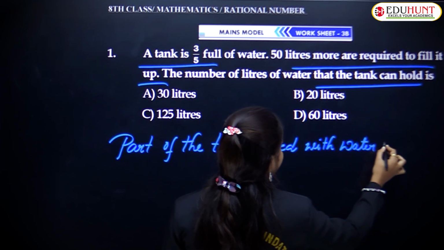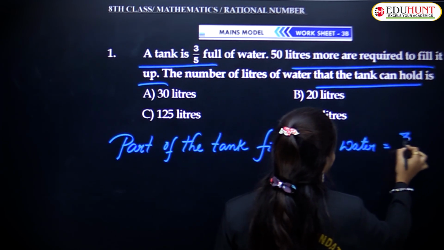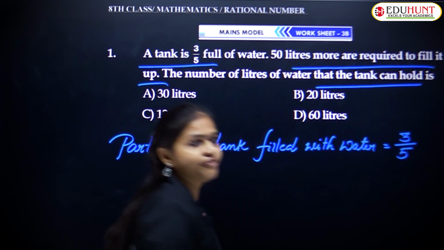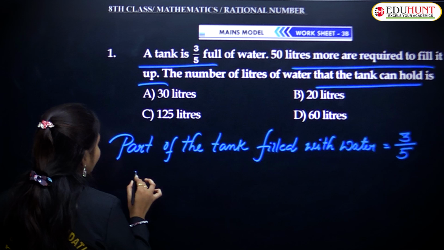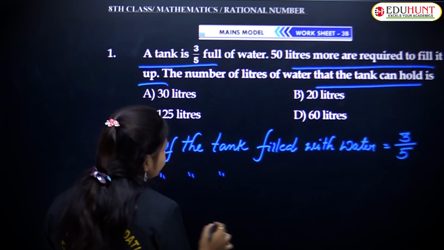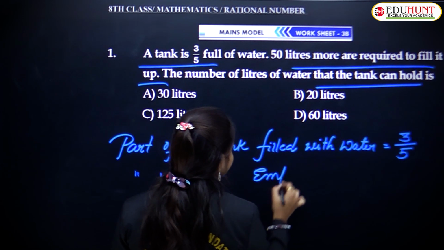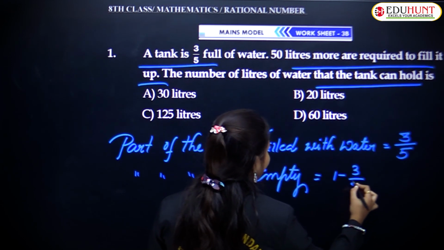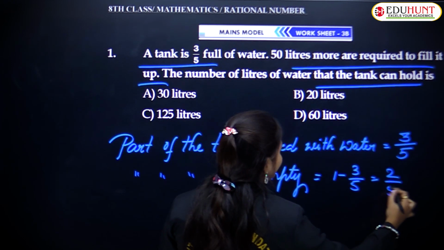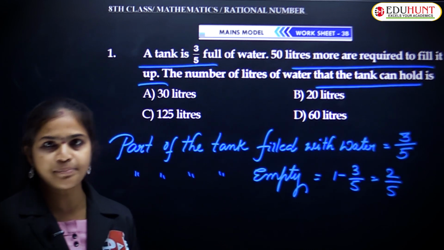So how much part is filled with water here? 3/5 part. 3/5 part of the tank was filled. Now here, part of the tank empty. So the empty tank is 1 minus 3/5, or else directly we can write 2/5. 2/5 part was empty here.